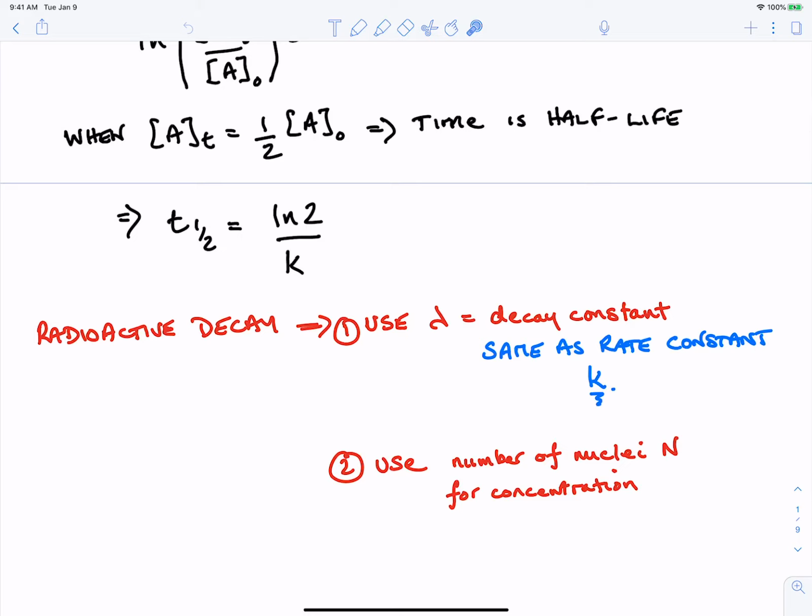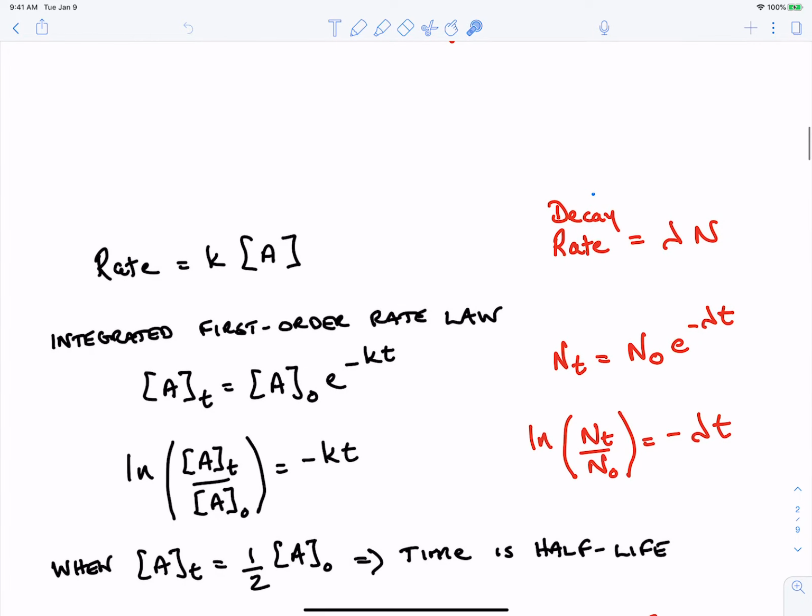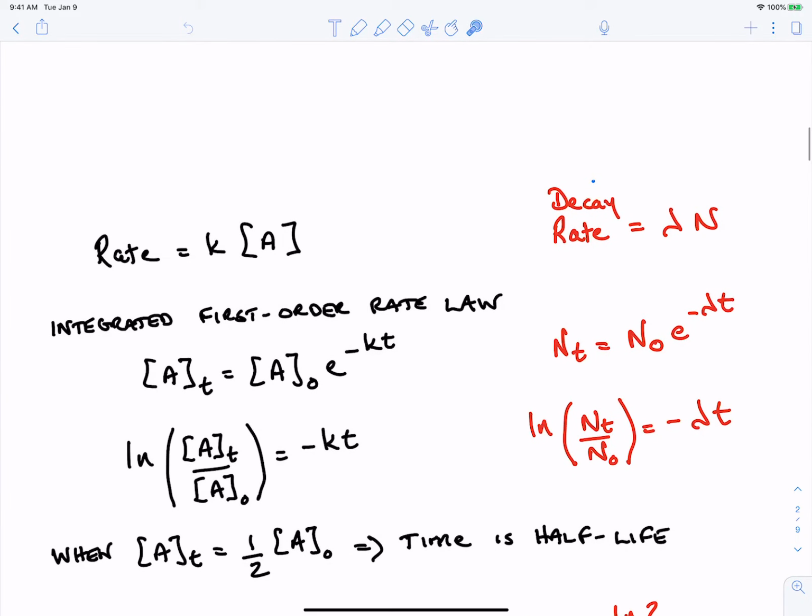And instead of using concentration, when we talk about radioactive decay, we use the number of nuclei, big N. So here we have our equations that we talked about in first order kinetics, and here we have the same ones in radioactive decay. Hopefully you can see that they're exactly the same.